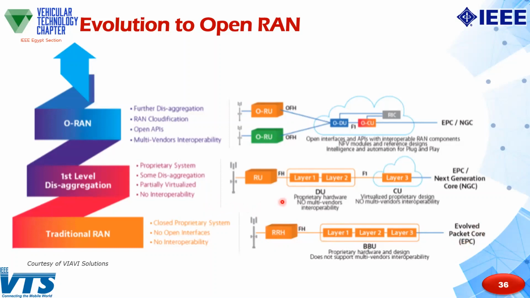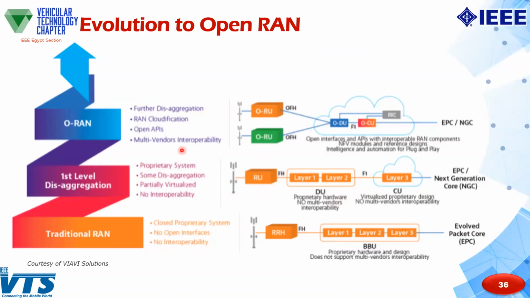Second stage, if we are using a centralized network and a distributed network and then the remote radio head. In this case, you can use multiple heterogeneous devices working at the same CU, each with its own DU or RU, which is the radio unit.